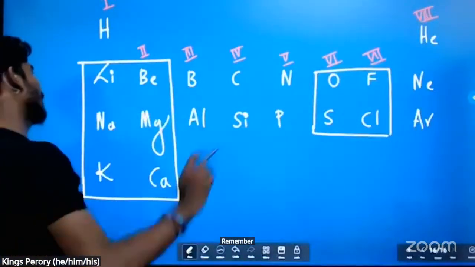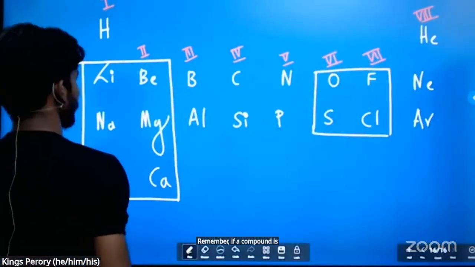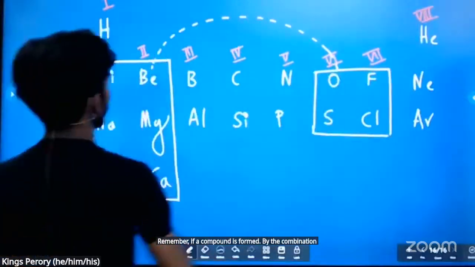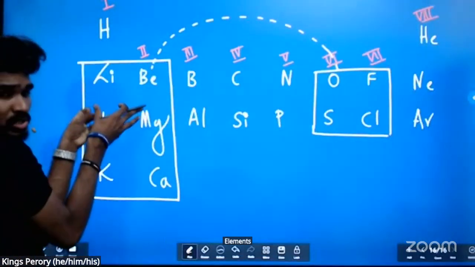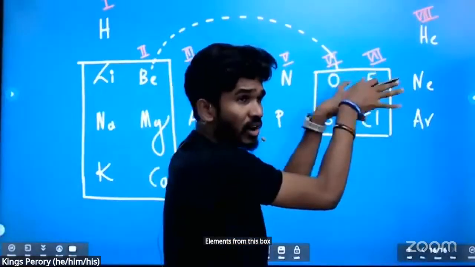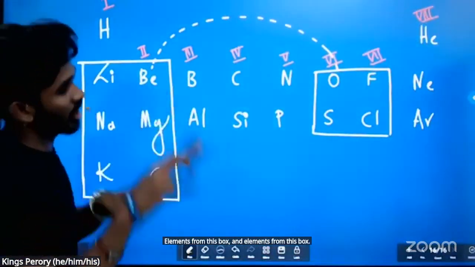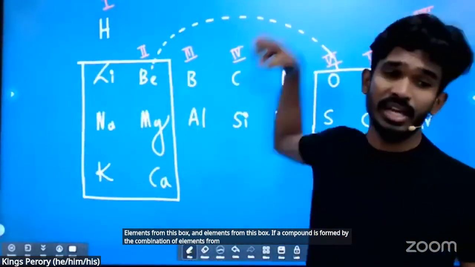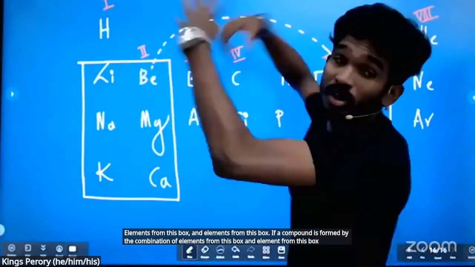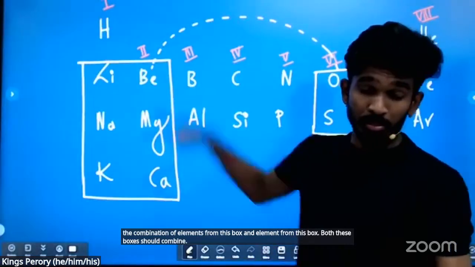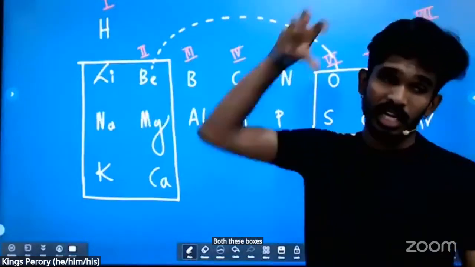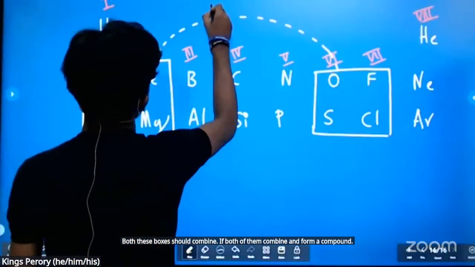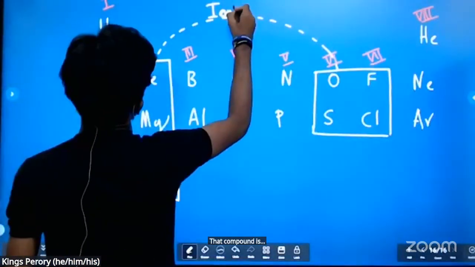If a compound is formed by the combination of elements from this box and elements from this box, both boxes combining, that compound is ionic.